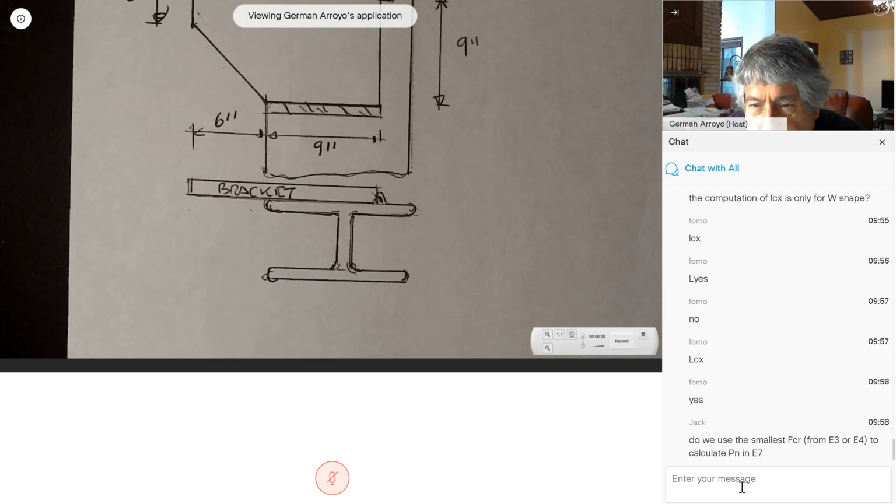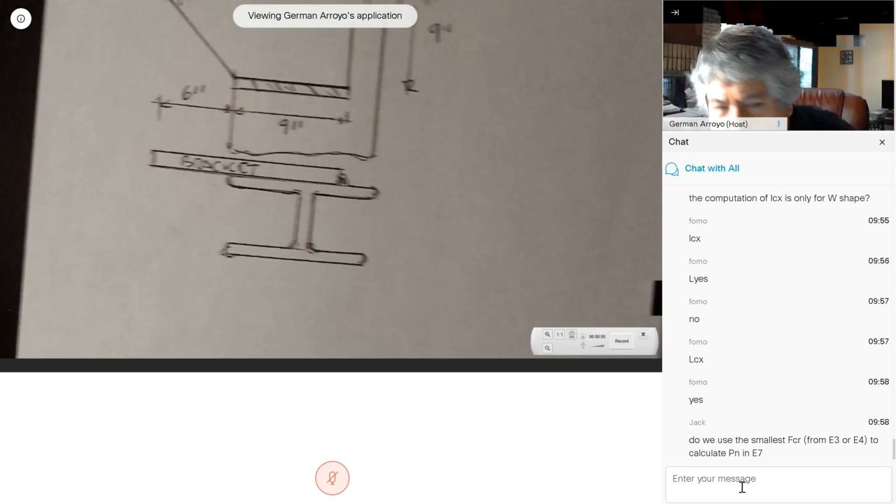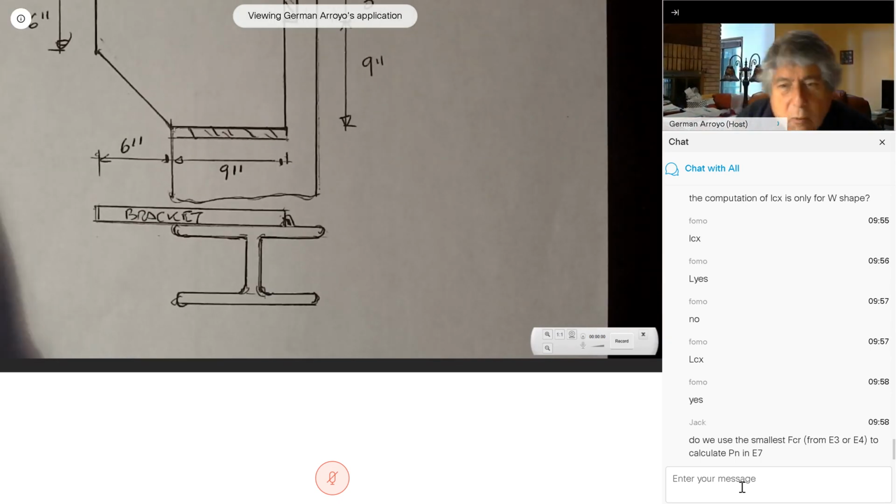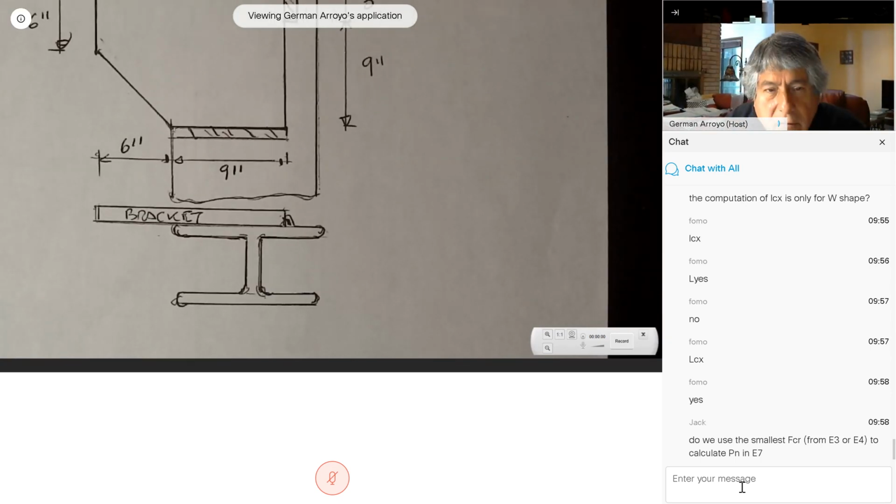Yes, the smallest. The smallest, because whenever we have a problem with a flange or a web, it's going to reduce the design strength.